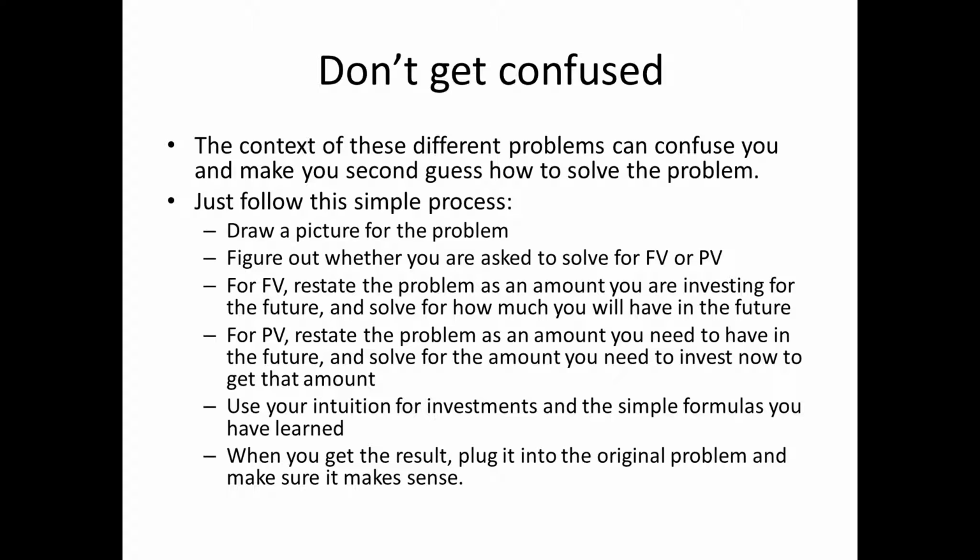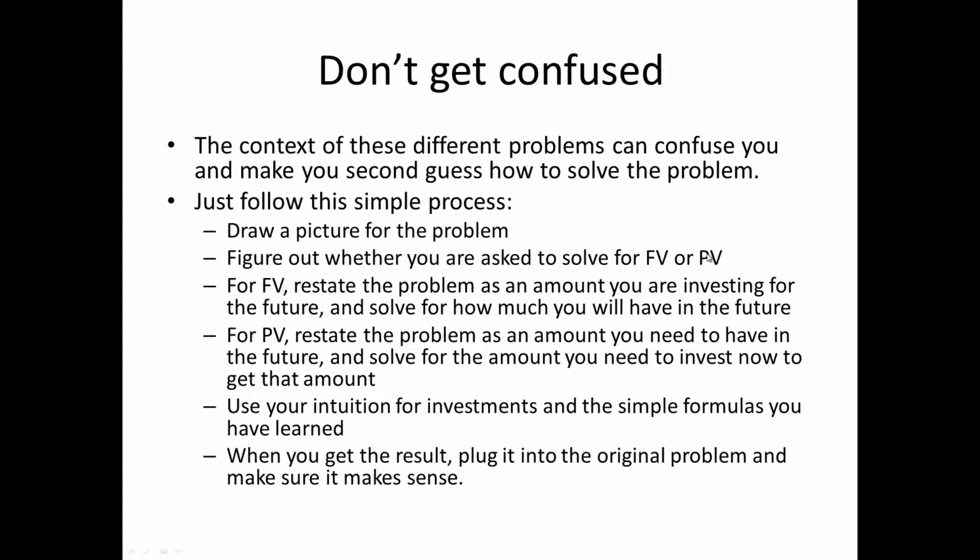A couple of points here. The context of these problems, I get that it's different than the investment scenario, okay? And for some people that can be confusing. If that is confusing to you, here's what I would recommend for you. First, anytime you get a problem, draw a picture, sort of a timeline. Here's what we know, and try and figure out, do we know the future value and we need to solve the present value?